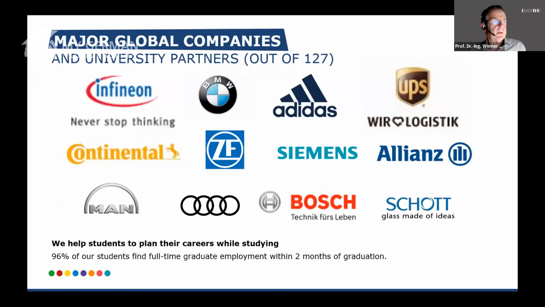As already mentioned by the speakers from the other universities, we have here in Bavaria many globally operating companies. Some of them are depicted here in this viewgraph. So we have Infineon in Regensburg and Munich. BMW's largest fabrication facility is in Dingolfing, which is around 30-40 kilometers away from Deggendorf.